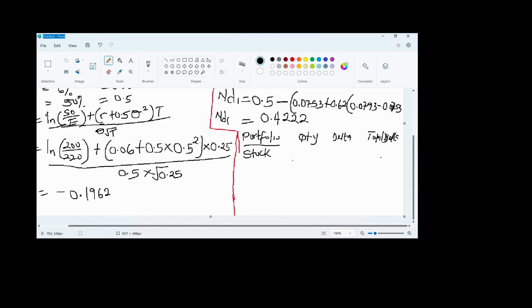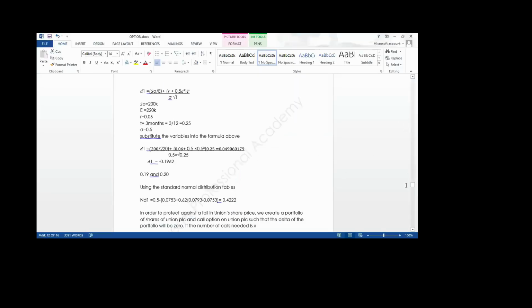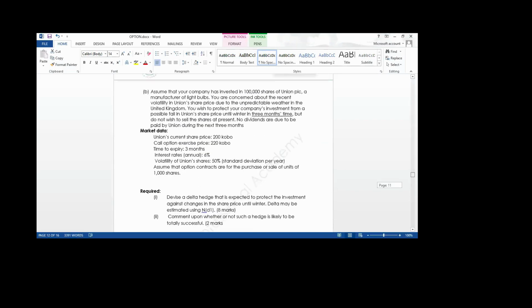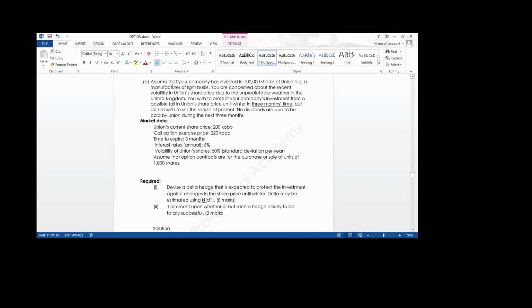How many shares does this company have as investment? 100,000 shares. Assume that your company has invested in 100,000 shares of Union PSC. That means our company will have 100,000 shares. Quantity of stock, 100,000.